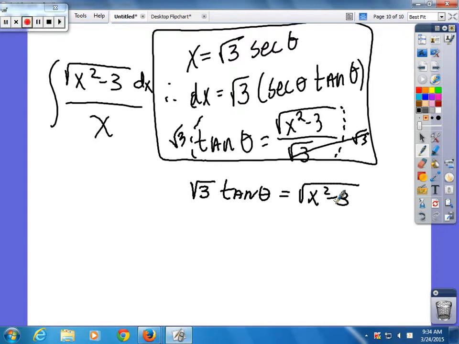So that's going to be square root of 3 tan of theta here. I'm going to put brackets right there.